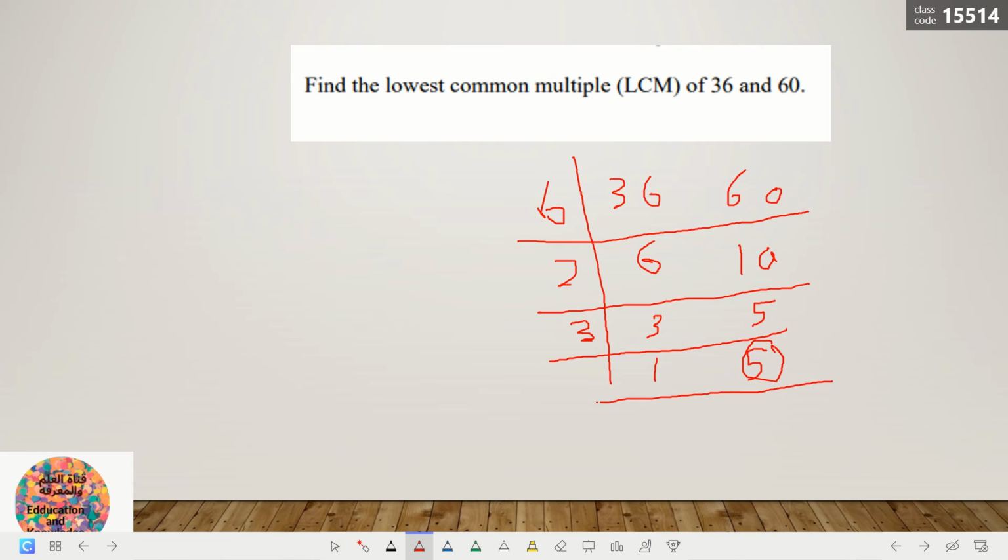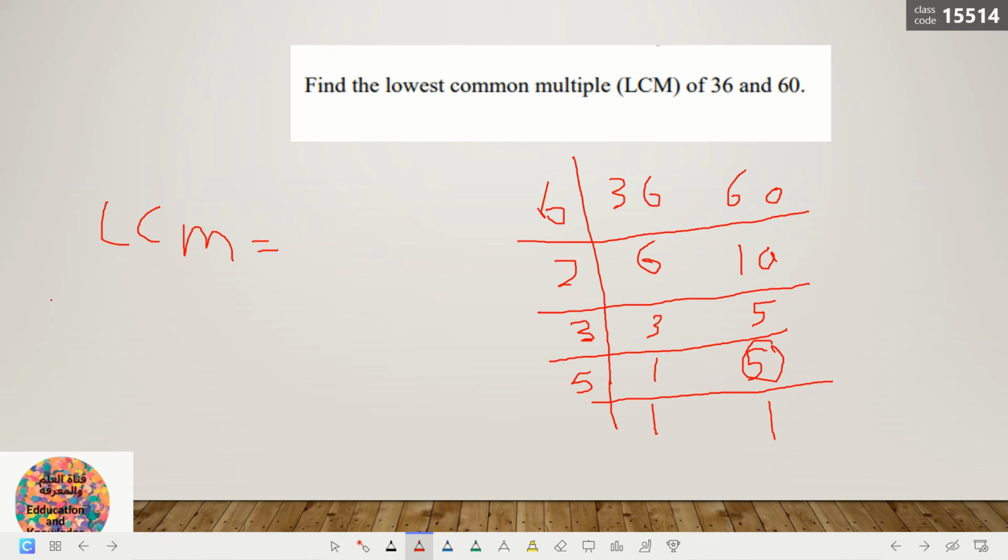Then now the last thing, I have to divide by what? I have to divide by 5, the last one. So this is 1, I put it below. Now 5 divided by 5 is equal to what? It's equal to 1. Now what is the least common multiple? As you see here, for the LCM I have to multiply all the numbers here.